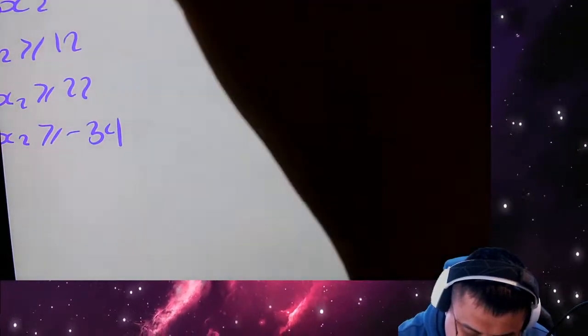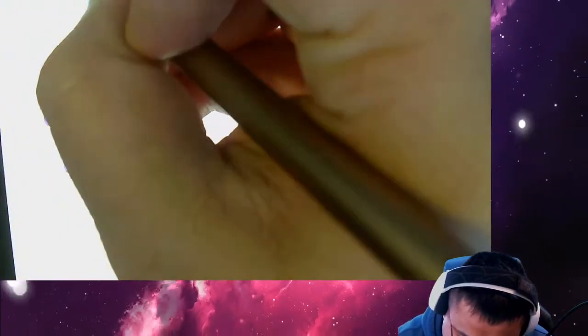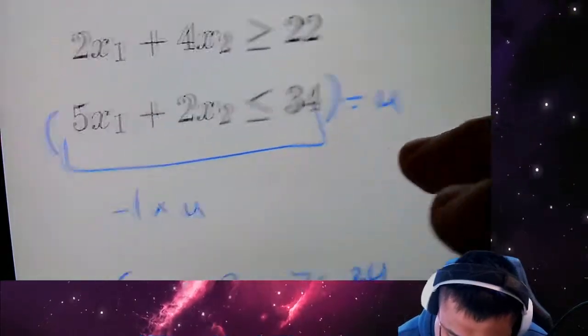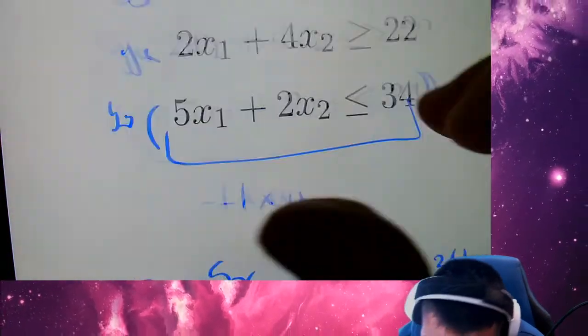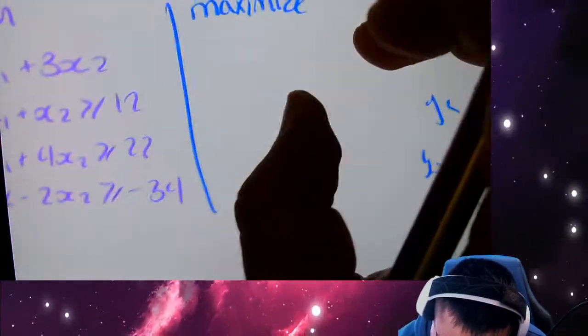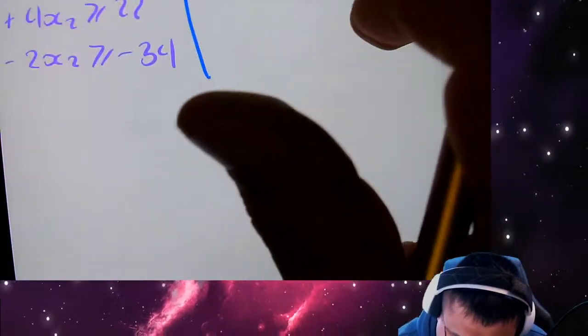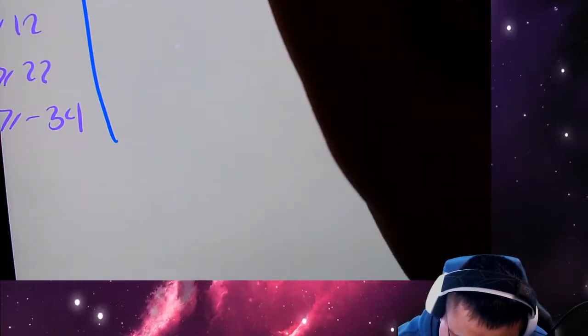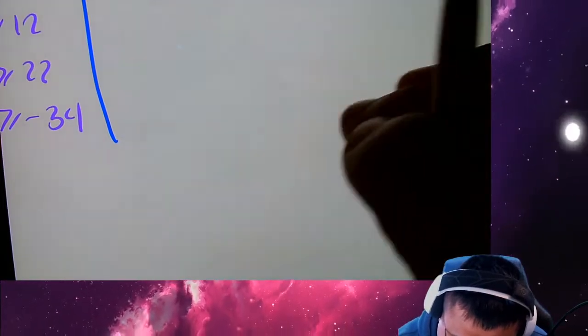Then we're going to do a minimum for our dual. Our dual is maximized, and we're maximizing that. So we'll make this y1, y2, y3. Maximize 12y1 plus 22y2 minus 34y3.